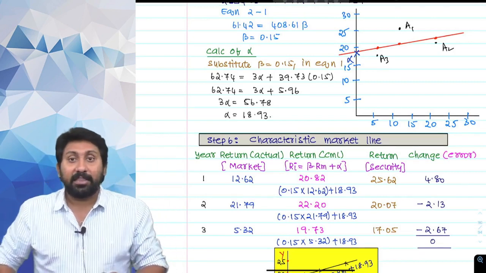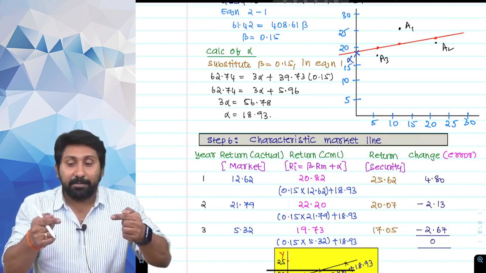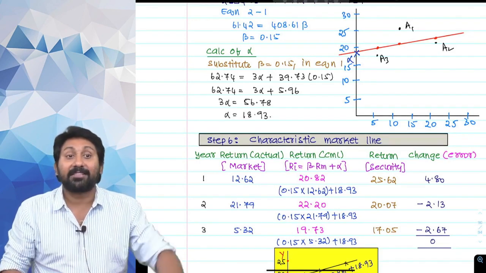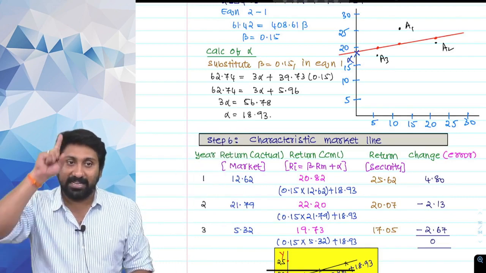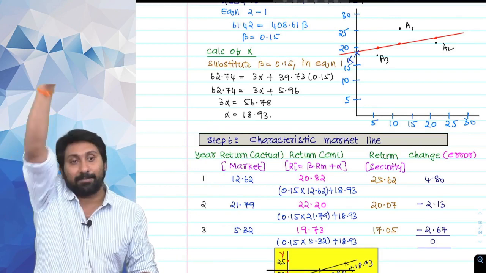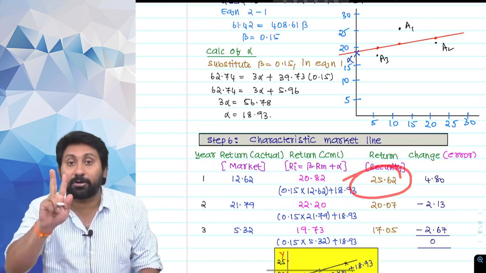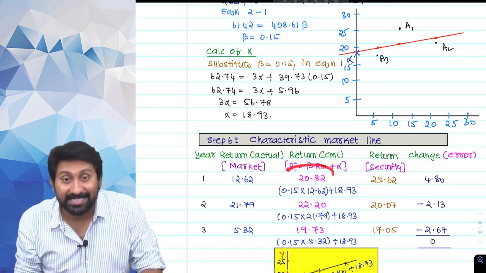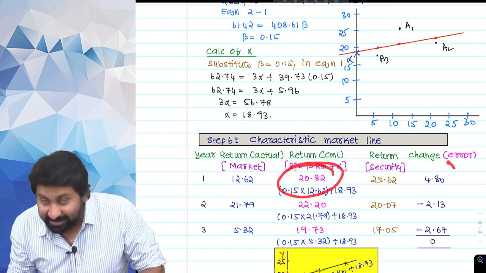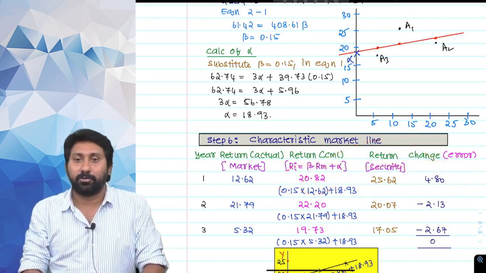A line always represents the relation between two variables. Here, three variables are there: the market, the security, and some other factor. 25.62 is a combination of two things: systematic portion and unsystematic portion put together as the total return of 25.62.